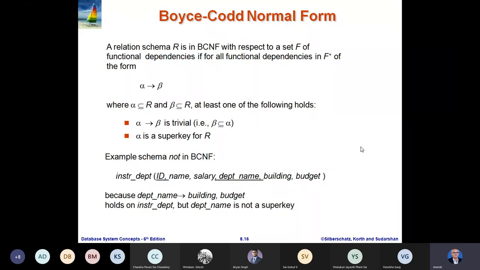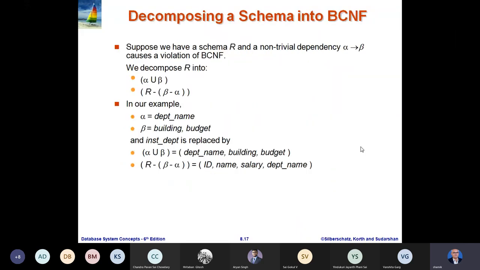It is because it is not in BCNF, and we know why, because of which functional dependencies, and now we know how to decompose this into more than one schema, so that we expect to get rid of this violation of BCNF property.